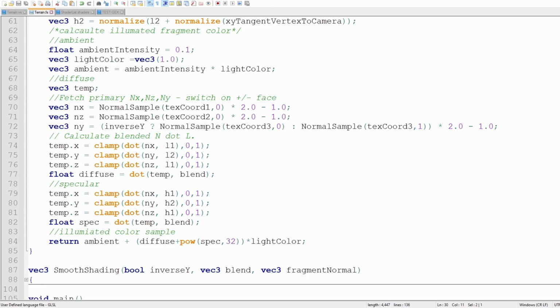We do this for x, y, and z, and then we multiply the blend weights by the coordinate contributions for the diffuse, and we do the same kind of operation for the specular variable right here. Then at the end, just like with smooth shading, we add the ambient with the diffuse and speculars product with the light color.